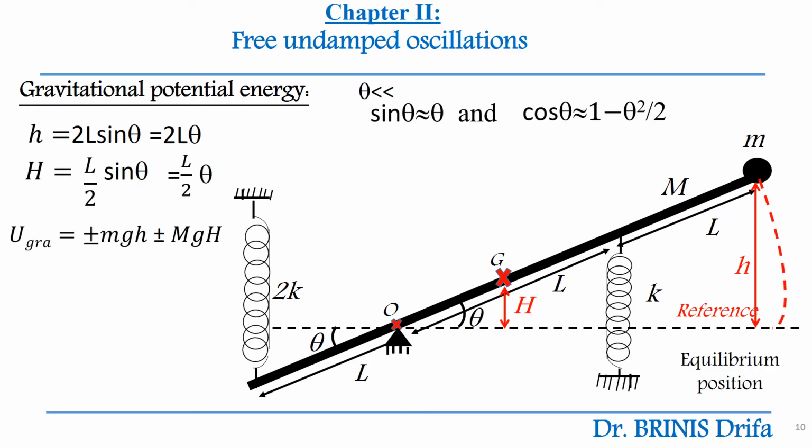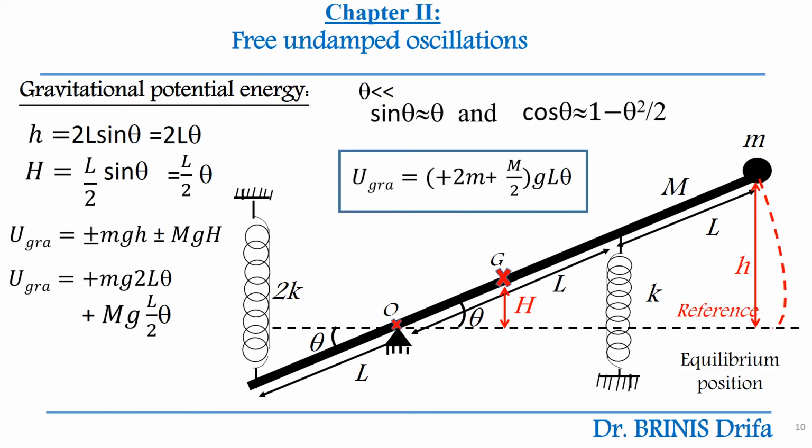By replacing in the expression of the gravitational potential energy, for the first mass it is equal to plus mg 2L theta. Why plus? Because the mass is above the reference. The same thing for capital M. The center of the mass is above the reference. And the result is this one.